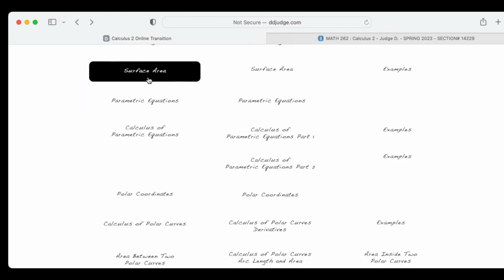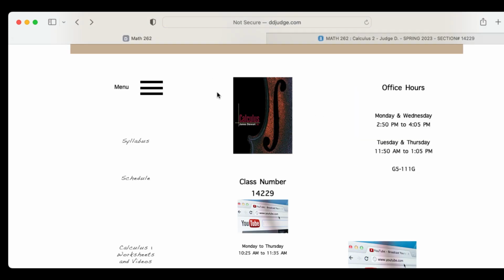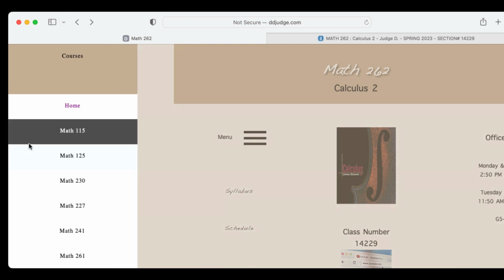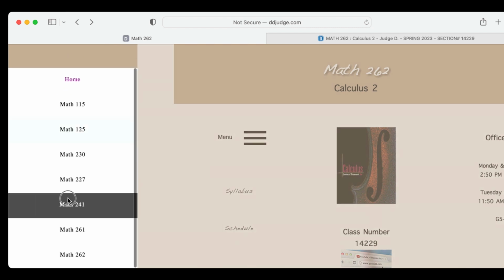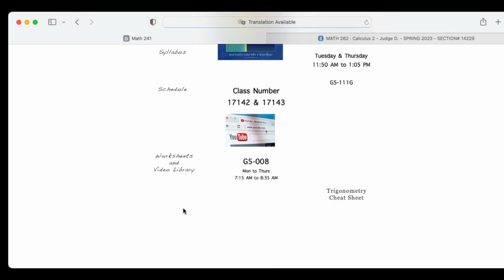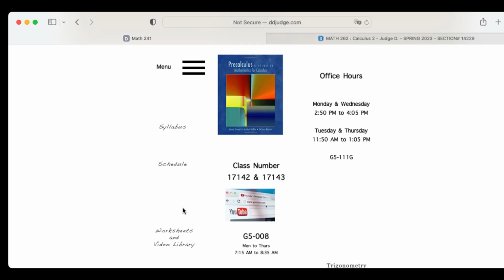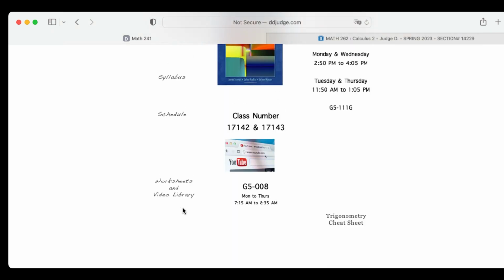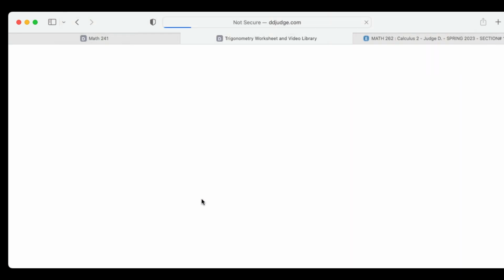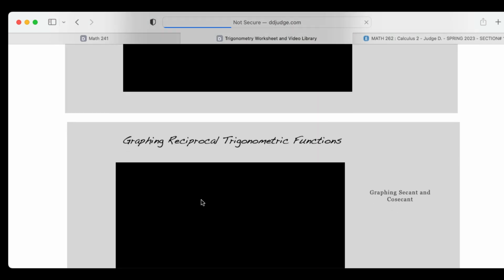But I think what I have to do first is introduce parametric equations to you from like 241. So this is the parametric equation form to start to do calculus of parametric equations. So I'm going to have to go all the way down because I don't think people know what parametric equations are.